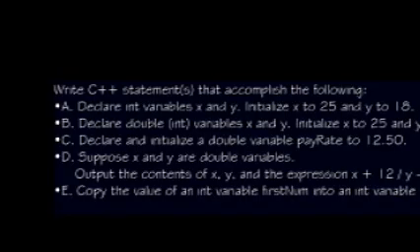C. Declare and initialize a double variable pay rate to 12.50. D. Suppose x and y are double variables. Output the contents of x, y, and the expression x plus 12 over y minus 18. Then we go to E, the last one.